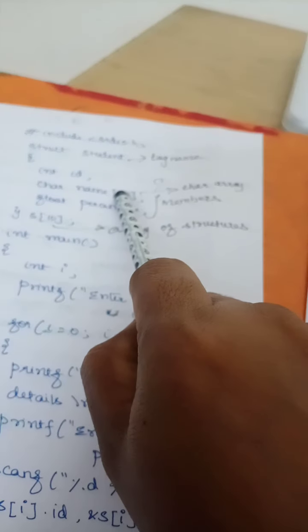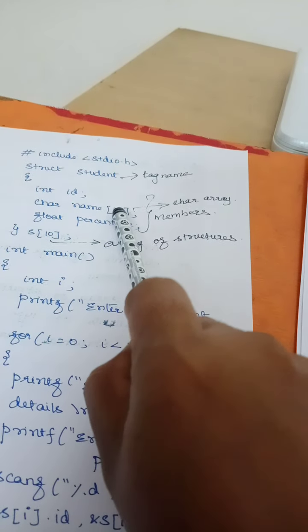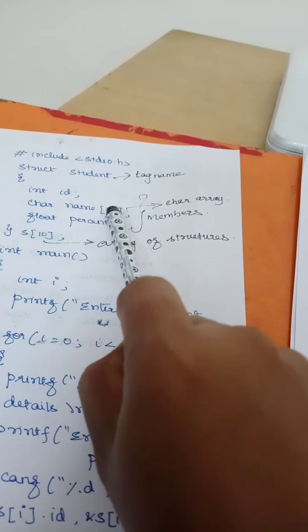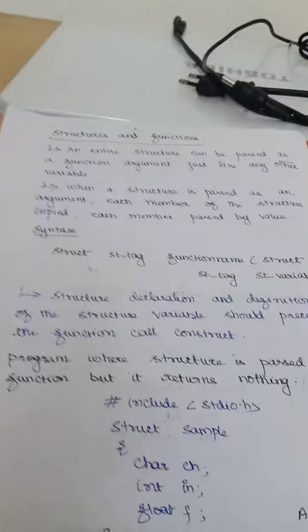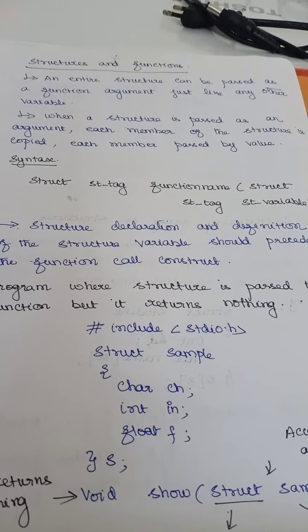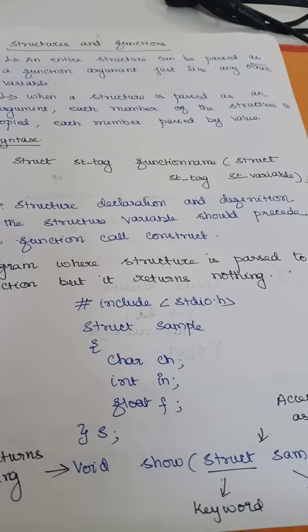That is easy. So this is an array of structures, and this is an array as a member in the structure. Clear?